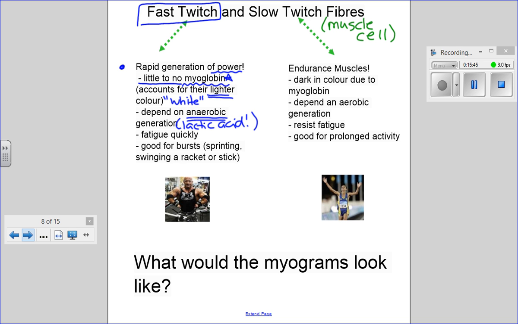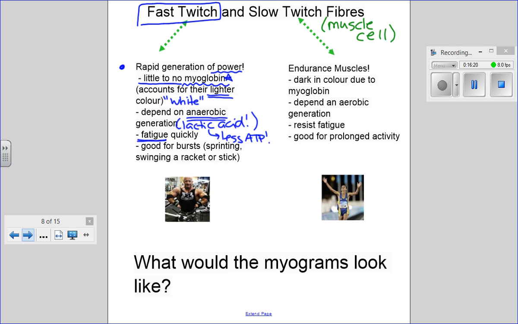Now, the reason that they fatigue quickly, which is the next point, is based on the information that came above. Fatigue means they run out of oomph, they run out of energy, and that's because anaerobic respiration not only produces lactic acid, but it produces way less ATP. So your muscles have less energy available to them.